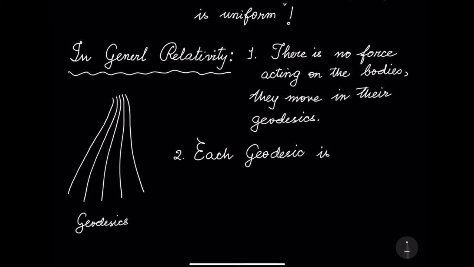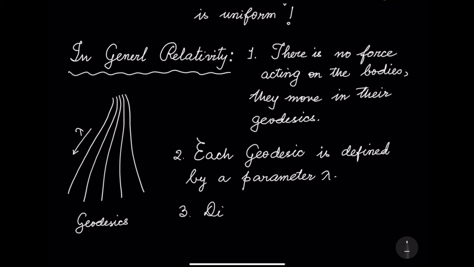So if a geodesic is defined by a parameter, lambda obviously changes along the geodesic. Different geodesics map lambda to different curves.